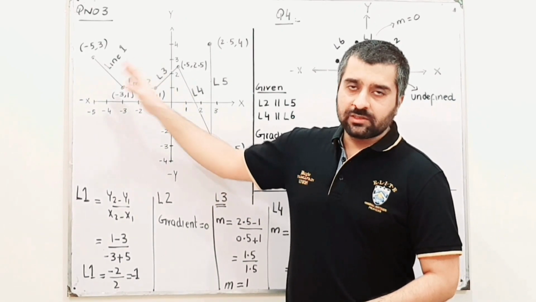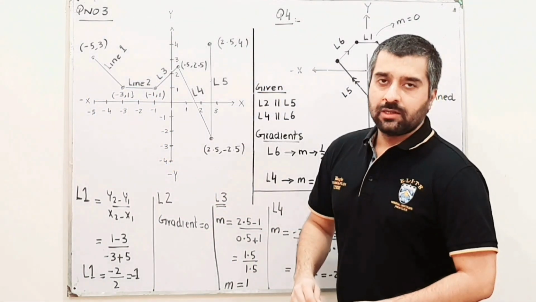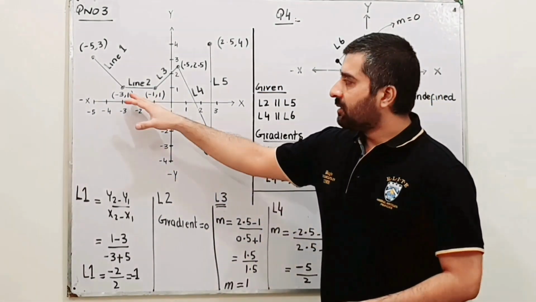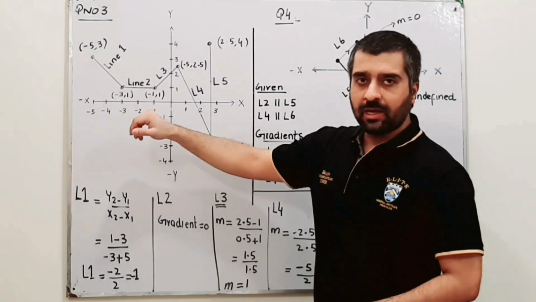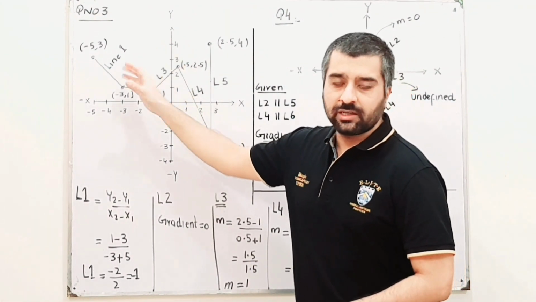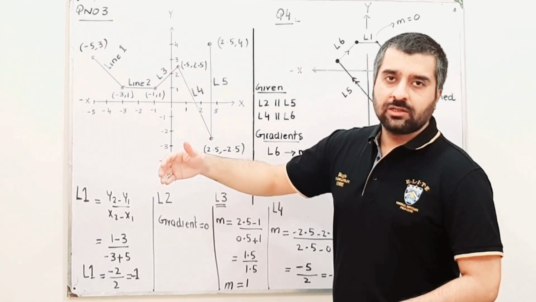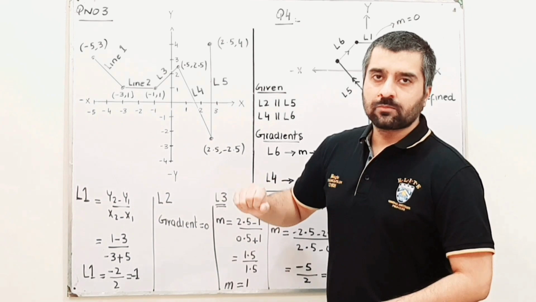Now consider line 1. This is line 1. So according to the given line, I have taken 2 points on this line. To find the gradient, we need 2 points.